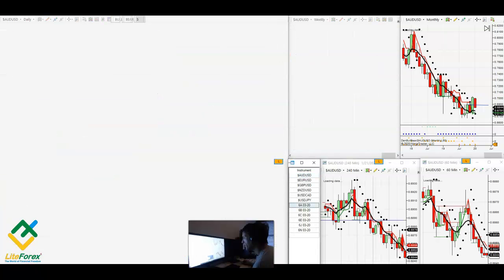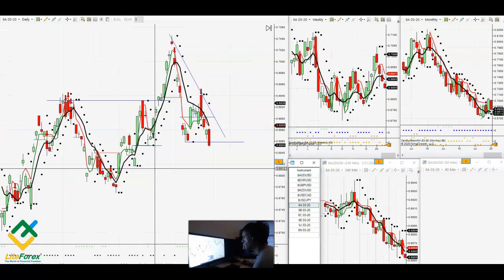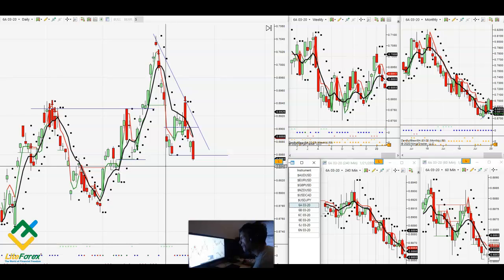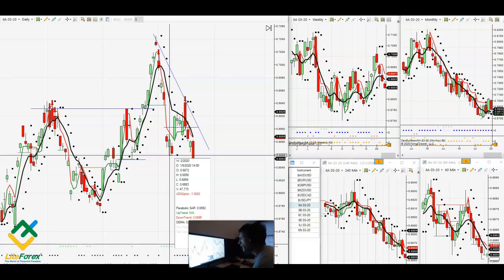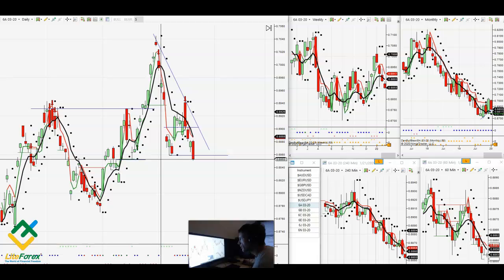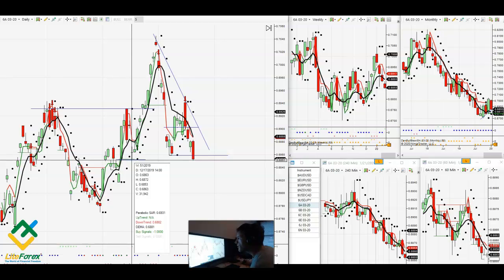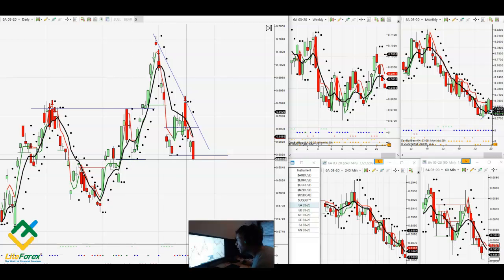Let's take a look at the Australian futures. The Australian futures busted through this low over here on the 8th and the 9th, the 68.59, but it's still holding this level right here. This is interesting because this level of support is 68.53, and that's exactly where price is right now.